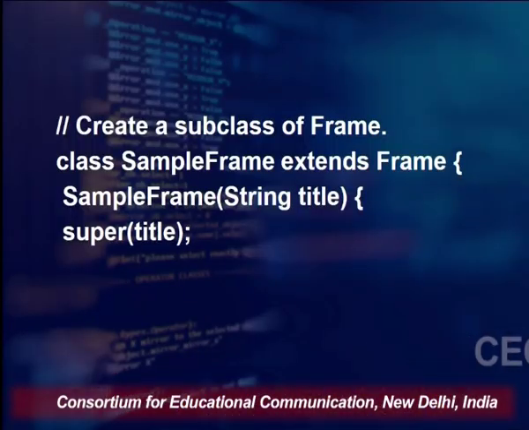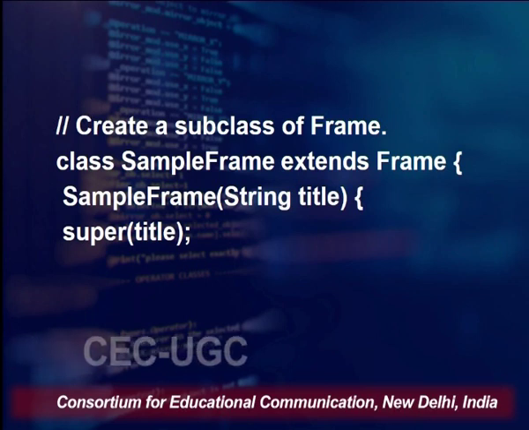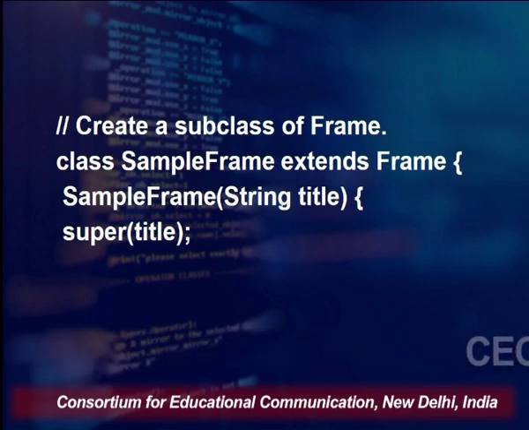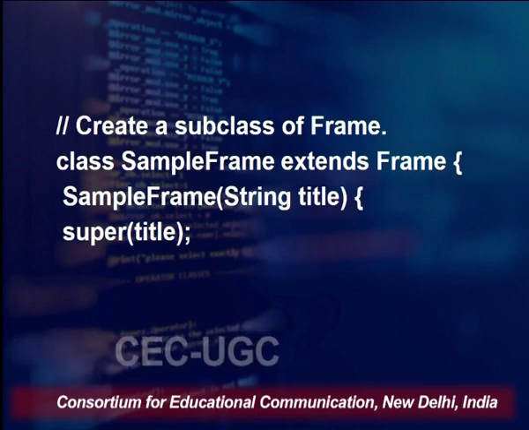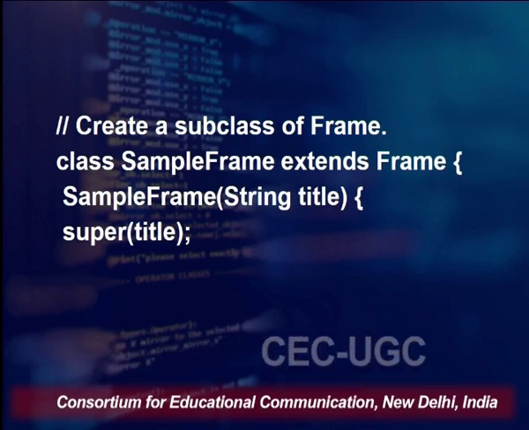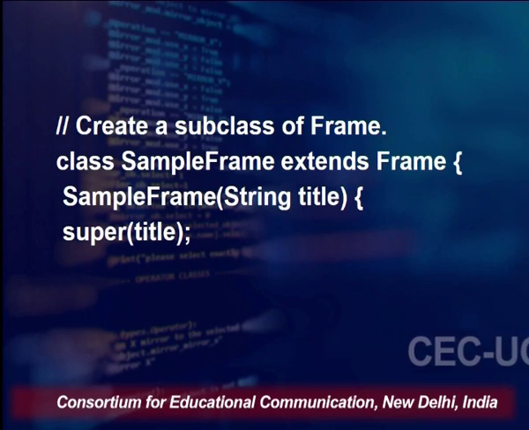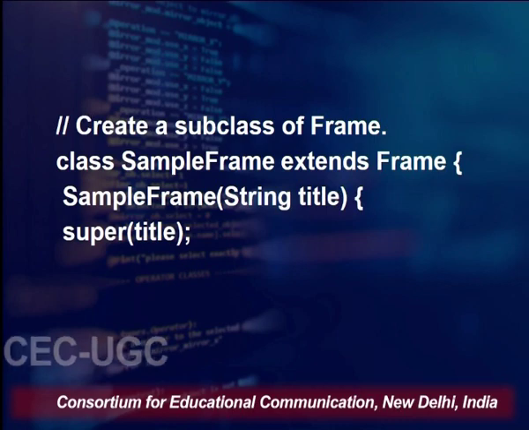Now, moving further, we need to create a subclass of the frame. Whenever we say subclass, that means we need to extend the frame. So, it says class SampleFrame extends Frame, and SampleFrame is given some title, and that title is passed to the Frame superclass with the help of super(title).